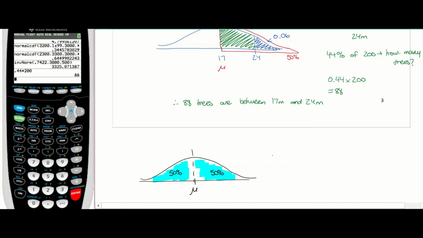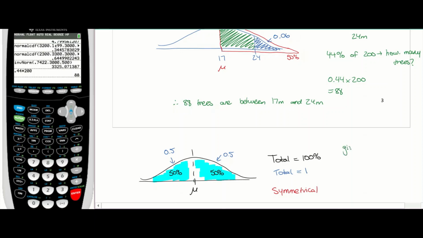All of it together is 100%. So you can think in percentages or you can think in decimals. So 0.5 and 0.5. If you want to think in decimals rather, then your total would be 1 instead of 100. And it's also true that the distribution is symmetrical. So if you know information on one side, you know information on the other side.